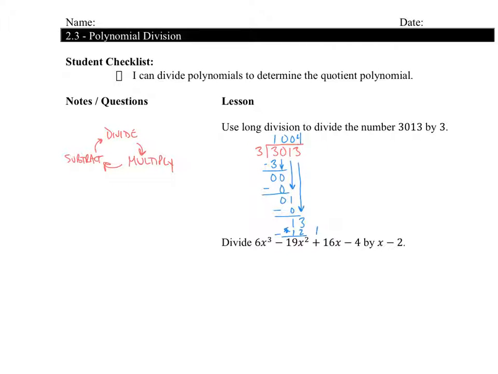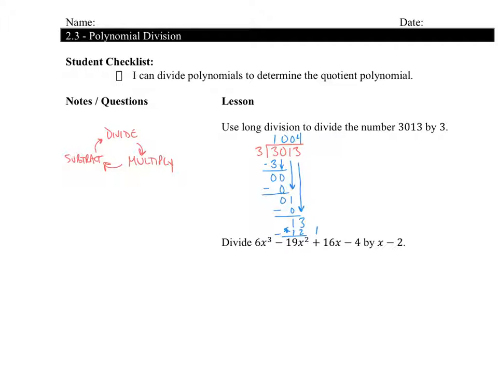So in 3rd grade, or whenever you first learned long division, you may have just written R1 or something like that. Or maybe you learned to put a decimal place here and bring the zeros down and keep doing this. All right, it's possible that you've done that before. What we're going to do, though, when we're doing long division with polynomials, is a little bit simpler than any of that.